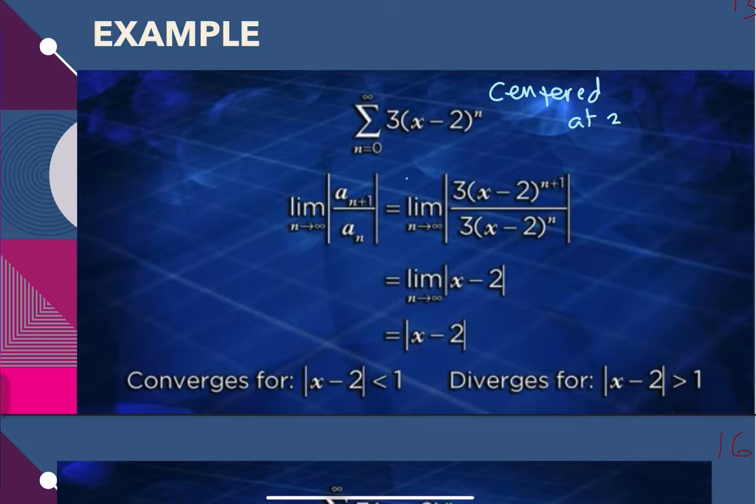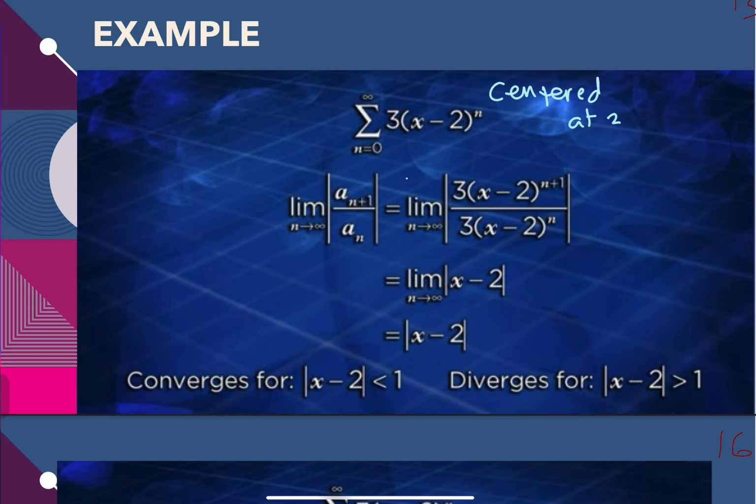Then we can cancel out the 3's right away, and the x minus 2's simplify, leaving us with the absolute value of x minus 2.